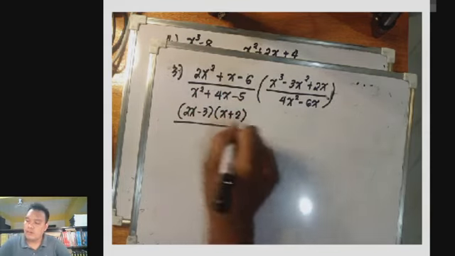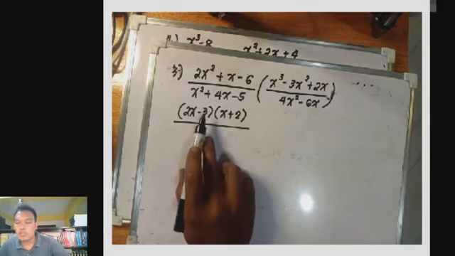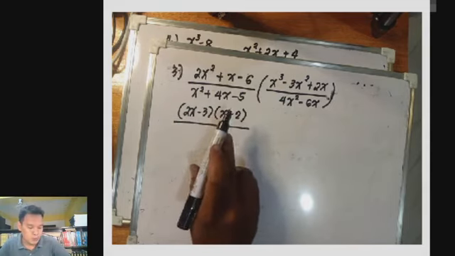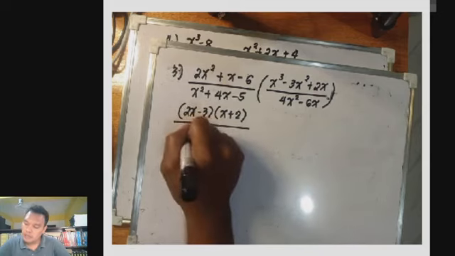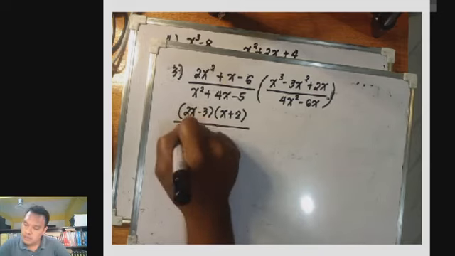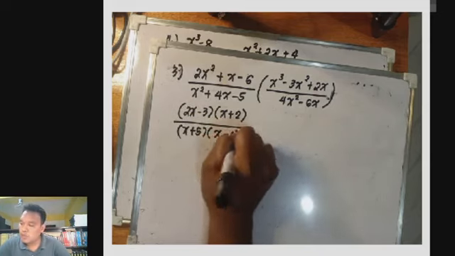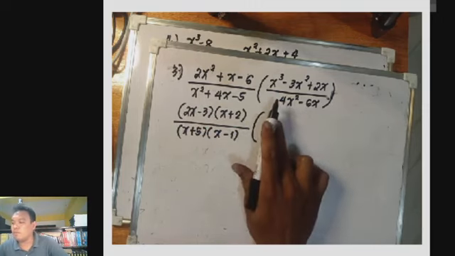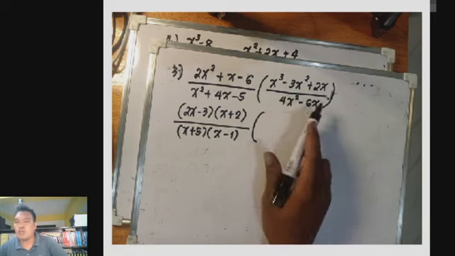Okay? All over x squared plus 4x minus 5. So the factor will be x plus 5 multiplied by x minus 1.